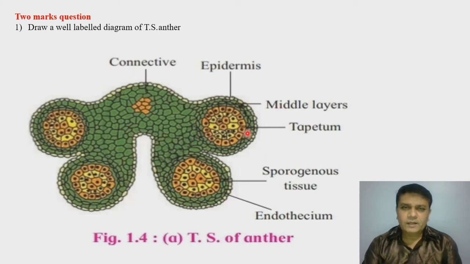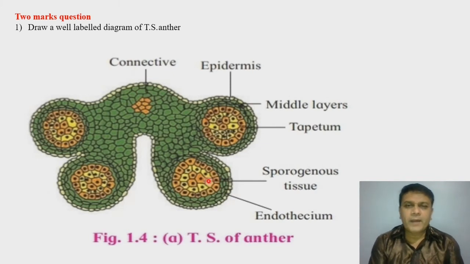Then inner to the middle layers is tapetum. Tapetum is a nutritive layer. Then inner to the tapetum, sporogenous tissue is present, which produces diploid microspore mother cells, which later undergo meiosis, and each diploid microspore mother cell will produce 4 haploid pollen grains or microspores.